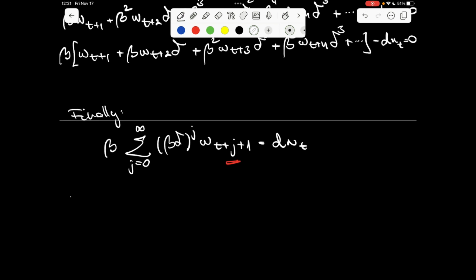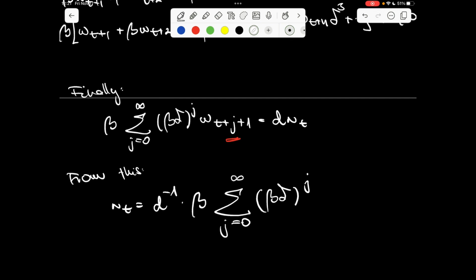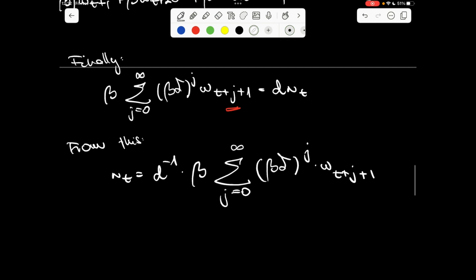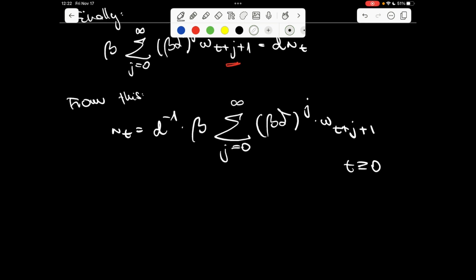Okay, and from this, we have an interesting thing, which is a supply function of the household as a function of the future wages in any future period.